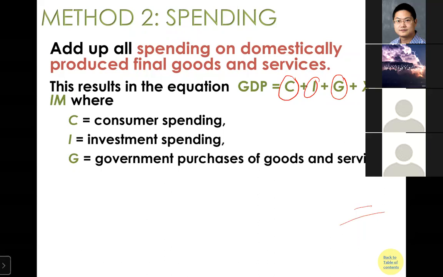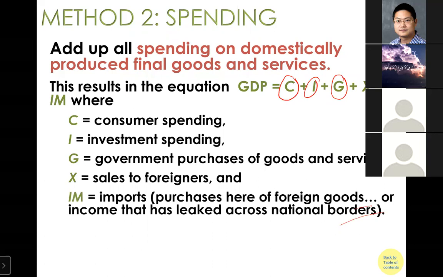Think about government purchases of goods and services. And lastly, we have net import. Sorry, net export, not net import. That is X minus IM.